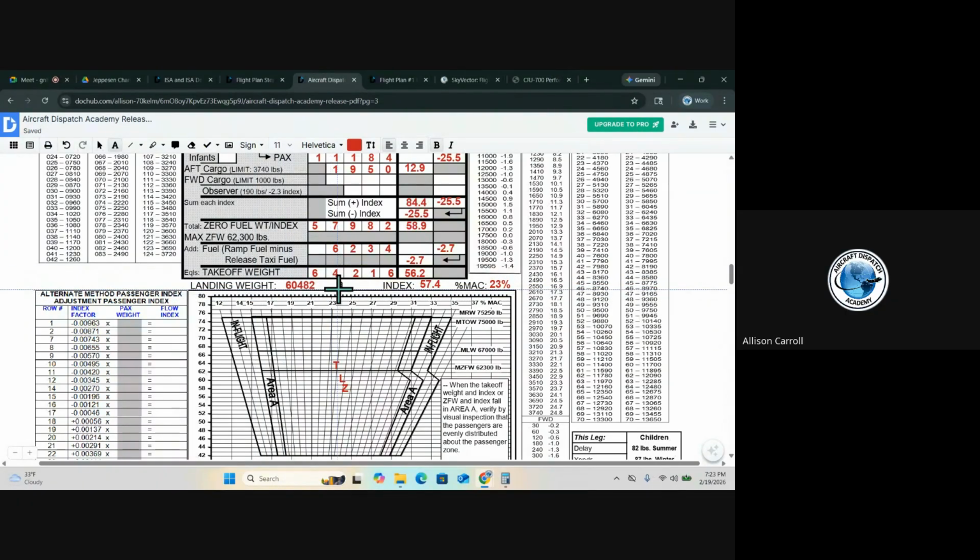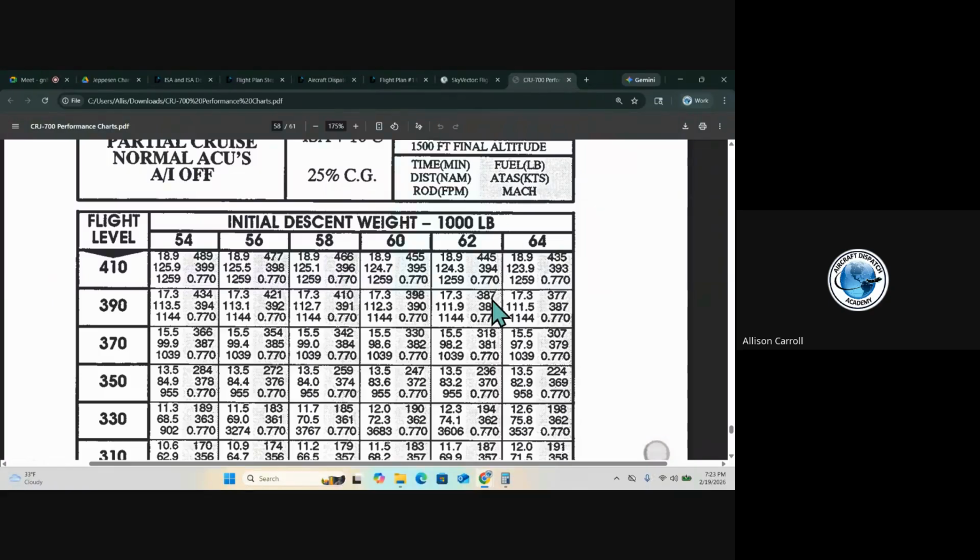All we say is give yourself a 500-pound buffer, and that is really just a weight to work with. Our estimated landing weight is 60,482. I'm going to add 500 pounds to that, and that will give me 60,982. And that is just a weight to work with on here.